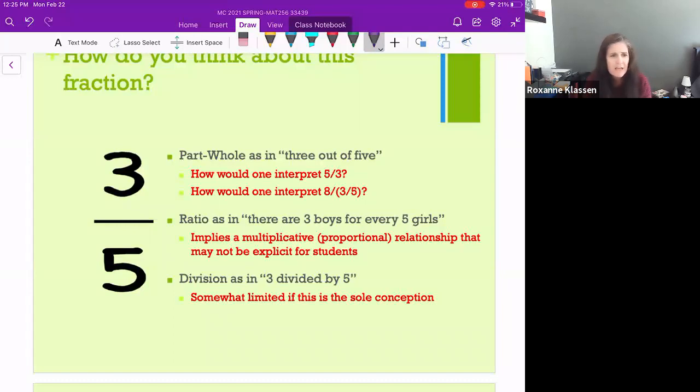How can I have 5 when there's only 3? And then how would you interpret 8 over 3 over 5? What does that mean? 8 out of 3 out of 5. So this can be problematic, right? You're like, I don't even understand what that's saying. Remember complex fractions from algebra?